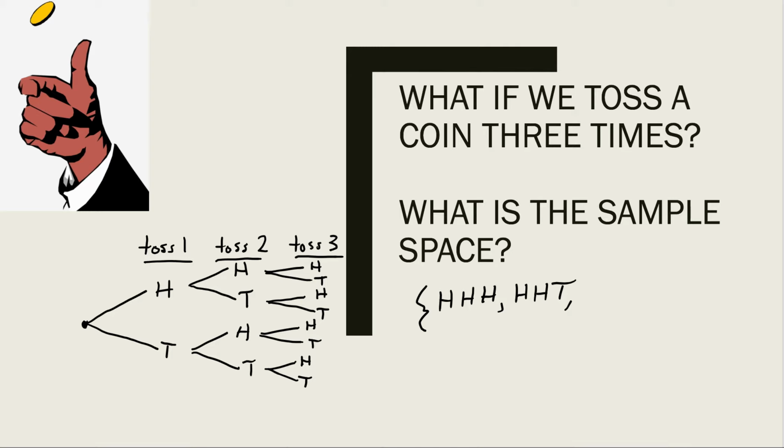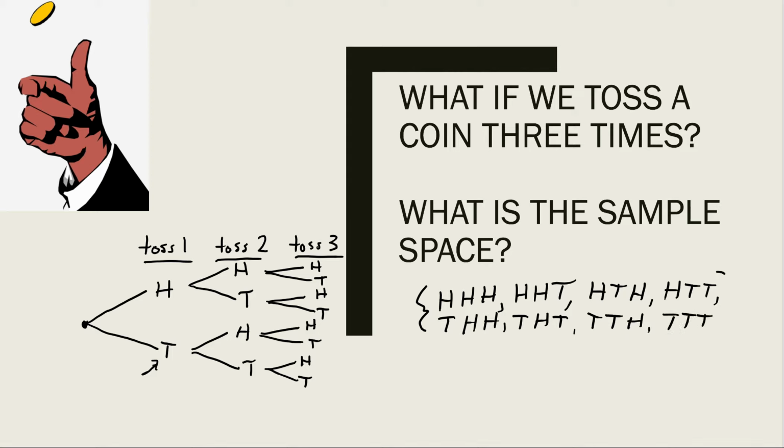And then we continue walking through this, writing down the 8 different options. So then we would have head, tail, head, head, tail, tail. Then we move to the second part of the tree diagram down here. We have tail, head, head, tail, head, tail, tail, tail, head, tail, tail, tail.